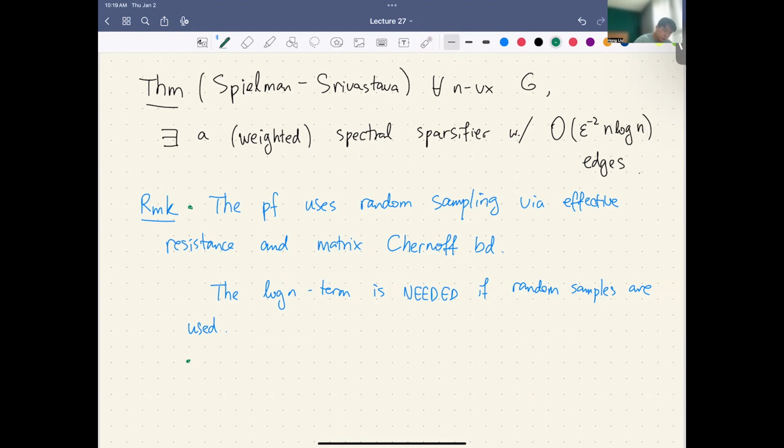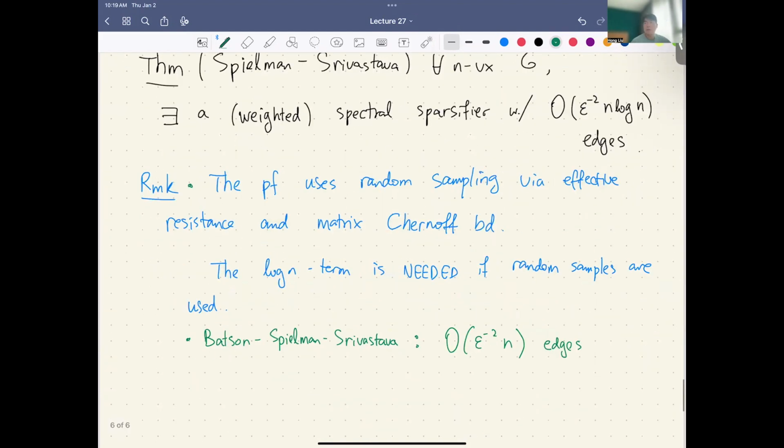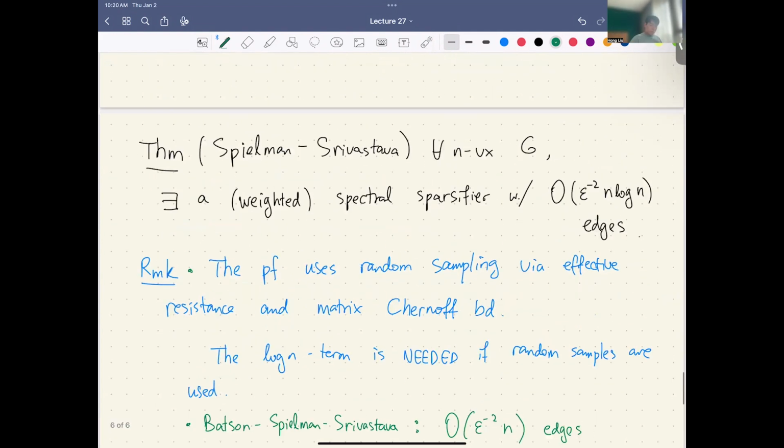This is one of the breakthroughs by Batson, Spielman, Srivastava, who proved the existence of a sparsifier removing the log n term.